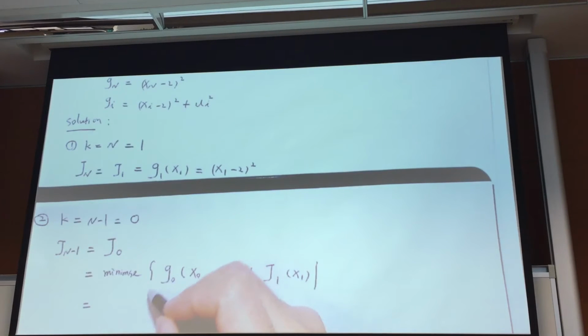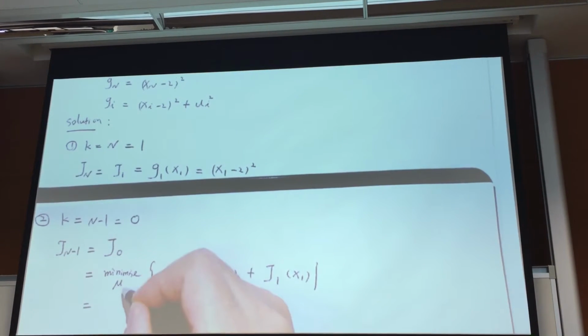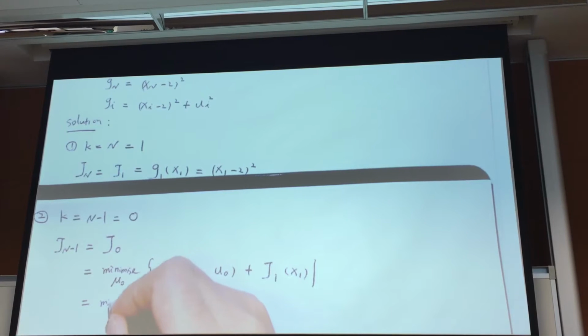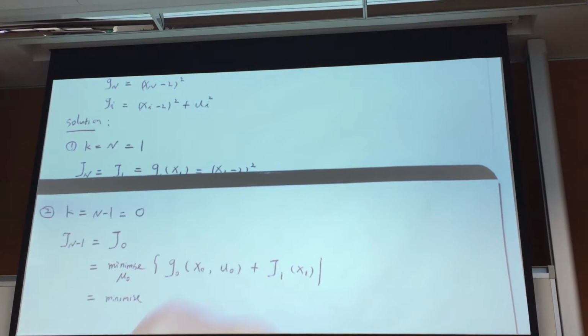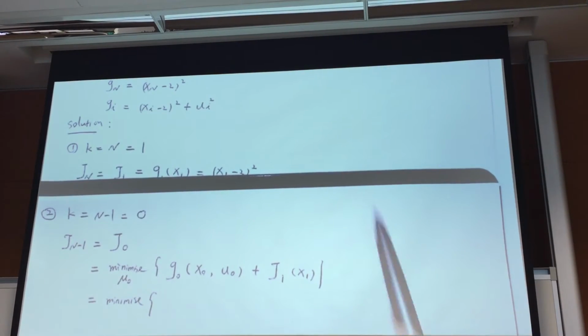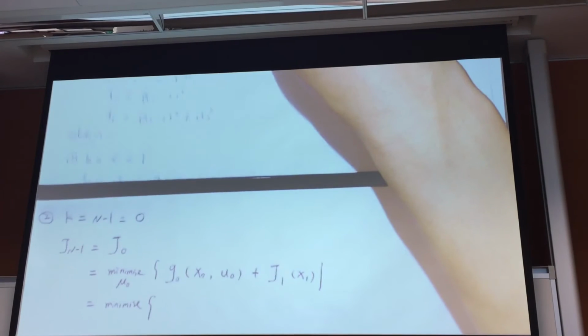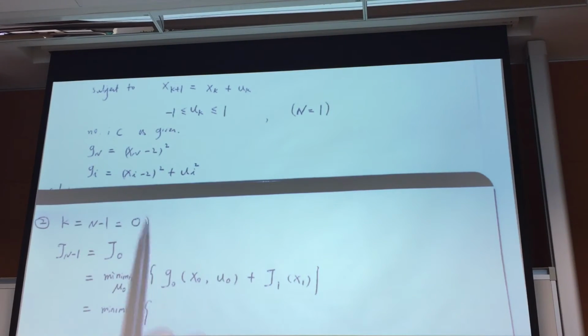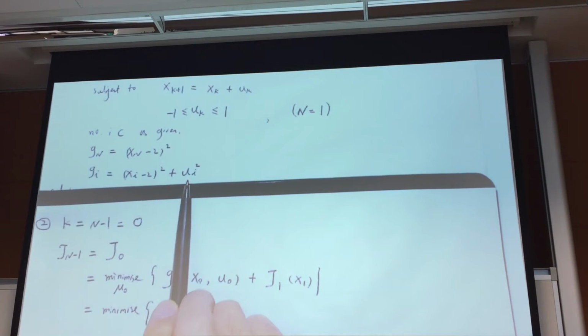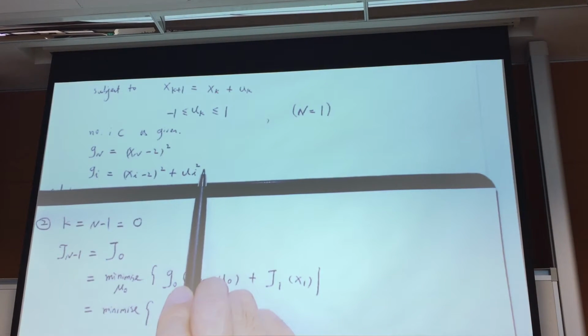We try to solve this problem with the optimal control policy in the state of 0. For g0, from this equation, it's given by x0 minus 2 squared plus u0 squared.